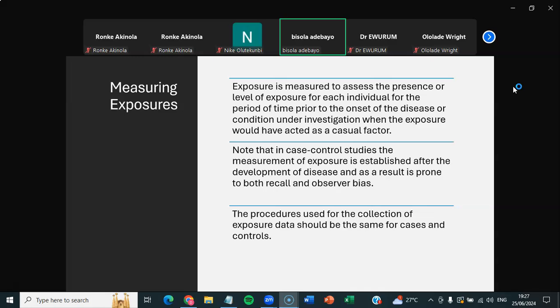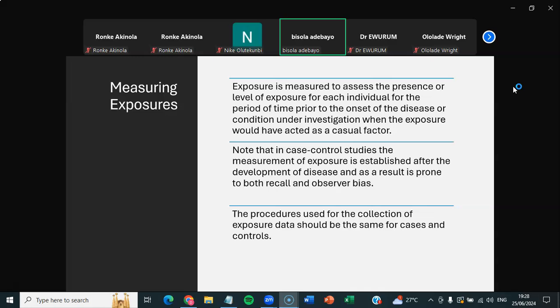So exposure is measured to assess the presence or level of exposure for each individual for the period of time prior to the onset of disease or condition under investigation, when the exposure would have acted as a causal factor. In case control studies it is difficult to establish temporality.